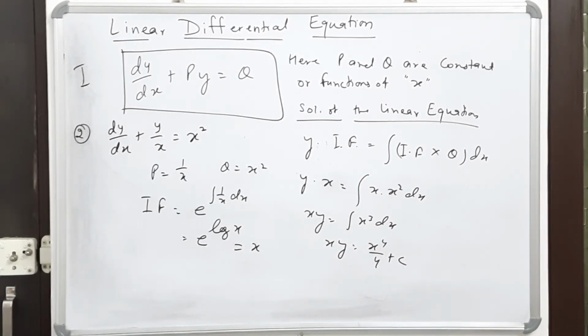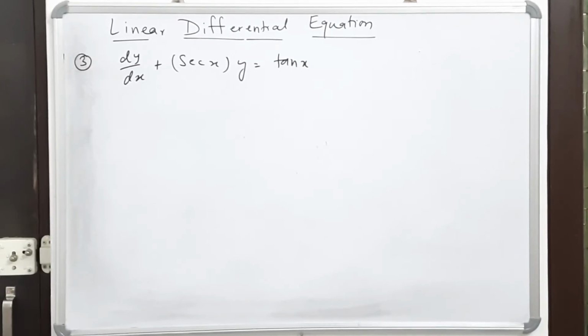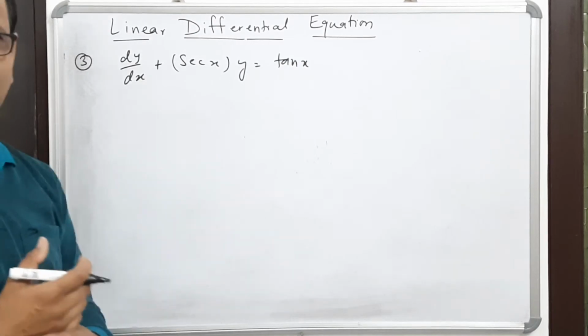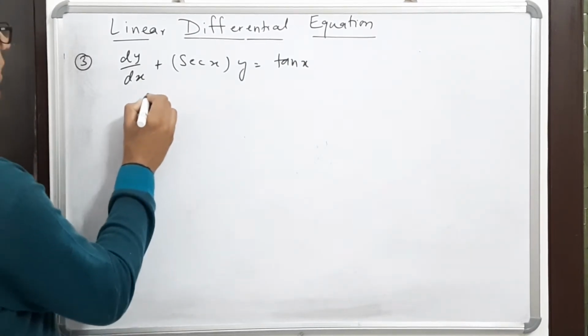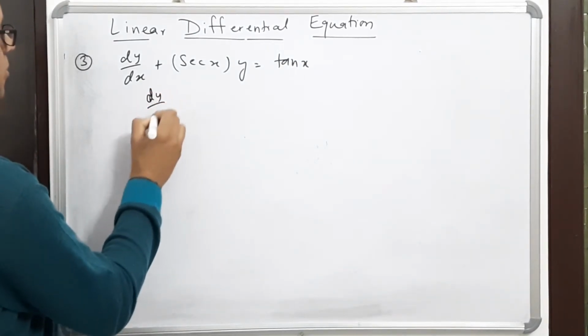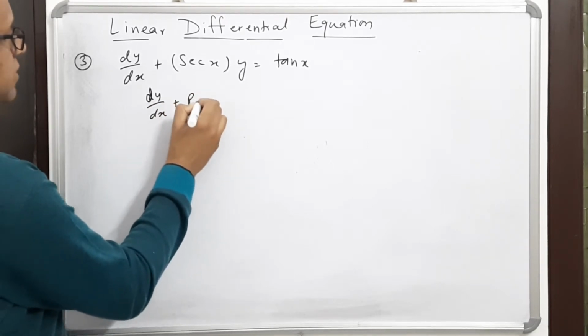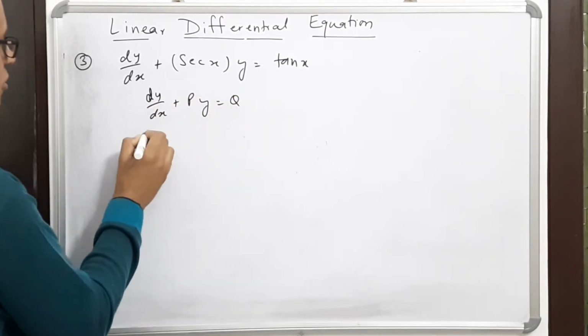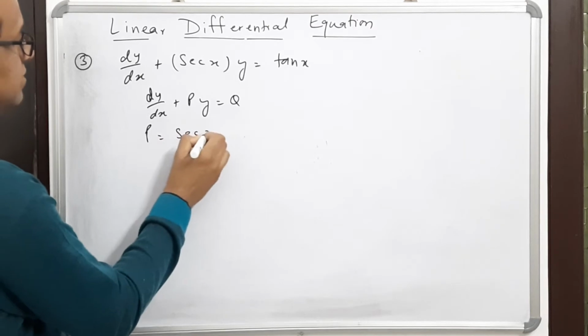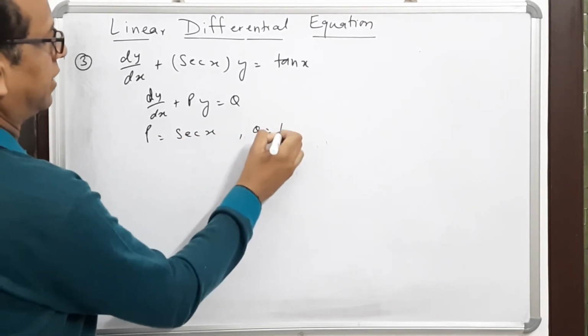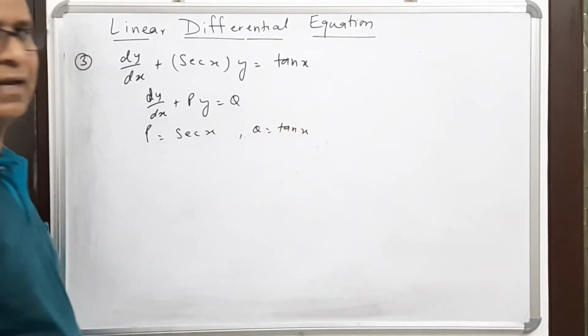One more sum. Yes, see one more problem. If you compare this with dy by dx plus py equals to q, then the value of p is sec x and the value of q is tan x.